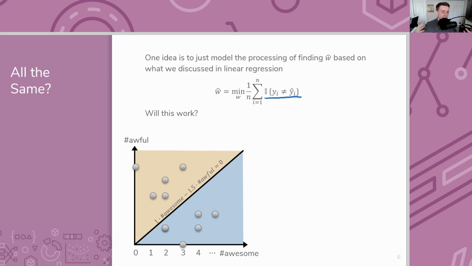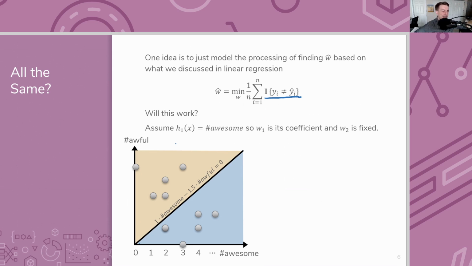I think that's a very great starting point. A lot of times whenever we're defining ML models, we're just trying to minimize notions of error, and that hopefully gives us a good result. Unfortunately, this won't quite work out in the way that we wanted it to. And it has to do with the shape of this quality metric. So for example, just for simplicity, assume that I'm trying to find the coefficient W1.